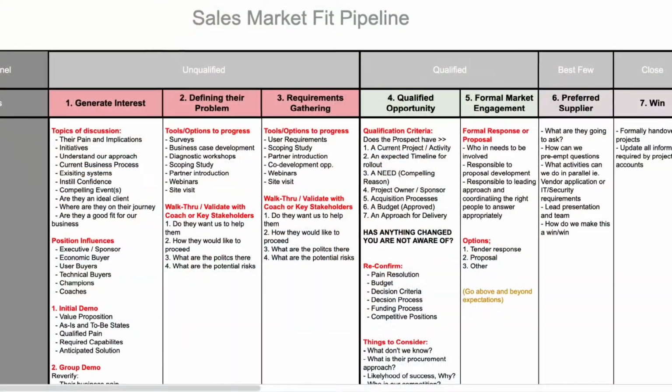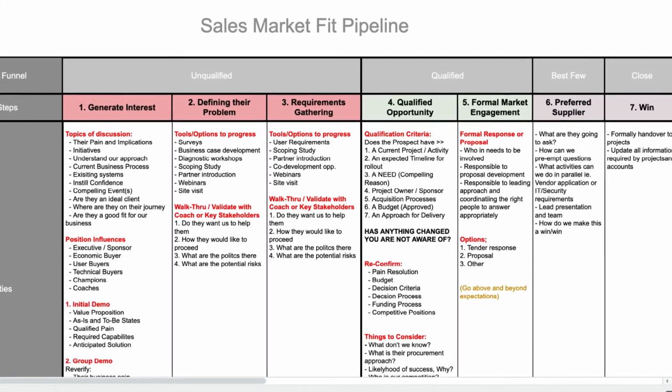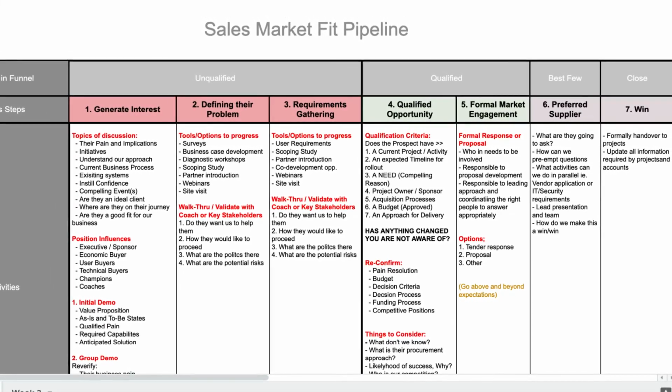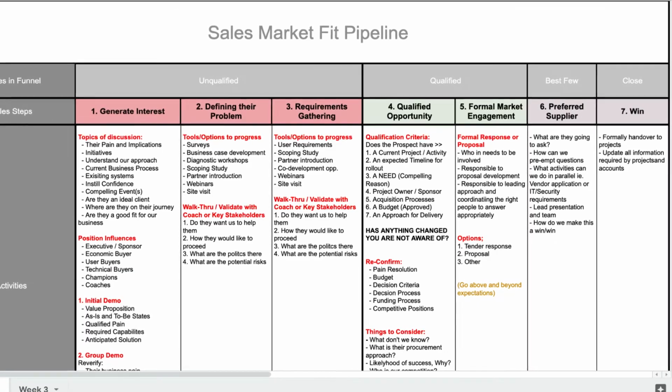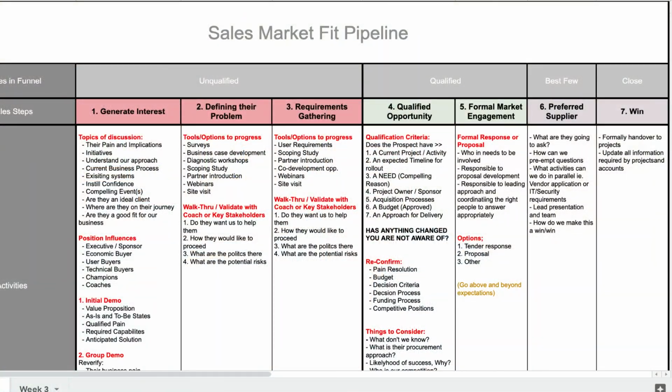But generally, once people are interested in something, they first have to equate value to the purchase. As you can see from this pipeline, I will generate interest with a business. That is my sole goal of outbound lead generation and cold calling. My goal is to generate interest in what we actually do as a business. And that's through a number of scenarios here. I've got topics of discussion.